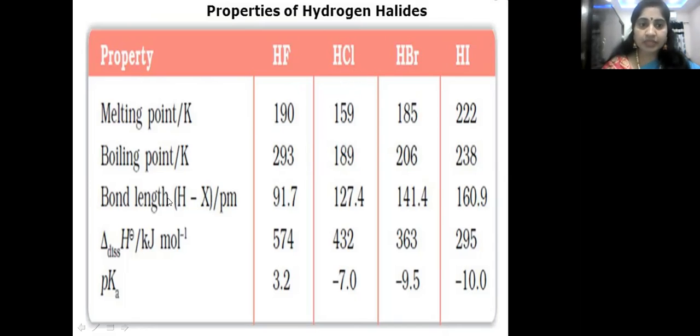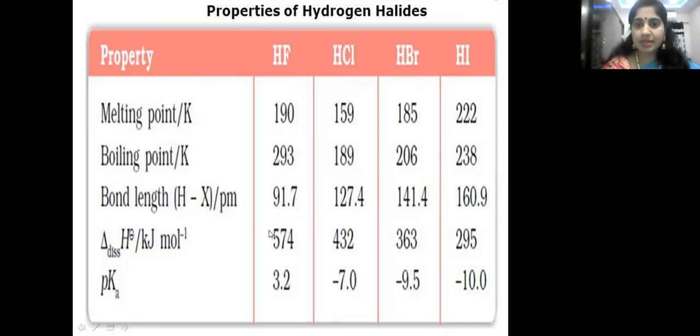Okay. Next, bond length. If you move from top to bottom, atomic size increases, so bond length also increases. So that's why bond length 91.7 HF is having, and 127.4 for HCl, and 141.4 for HBr, and 160 for HI.